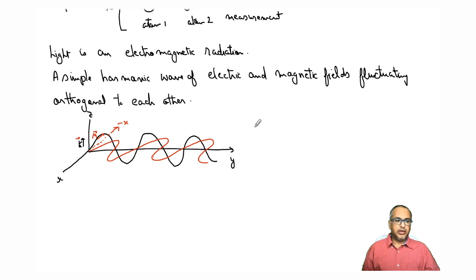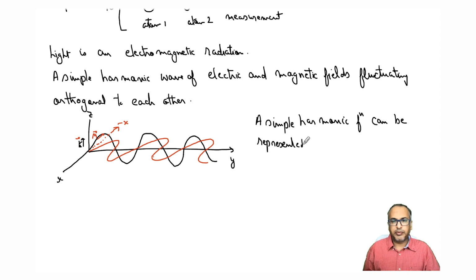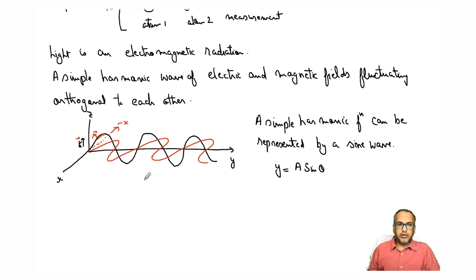Mathematically, because it's a function, you can always describe it. A simple harmonic function can be represented by a sine wave. Let's say y is equal to A sine theta. You can also describe this function as a circular motion.